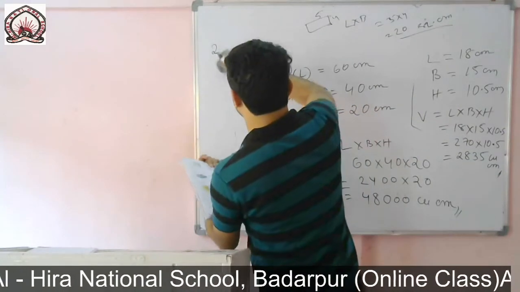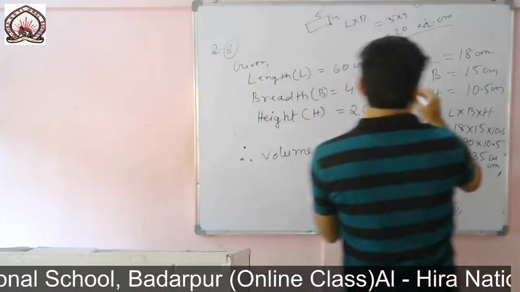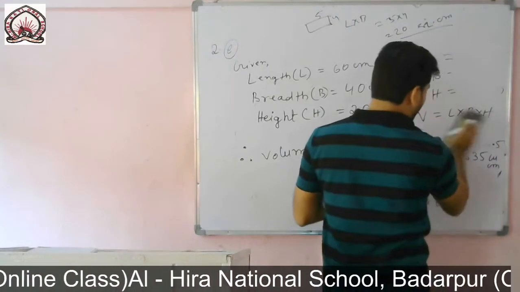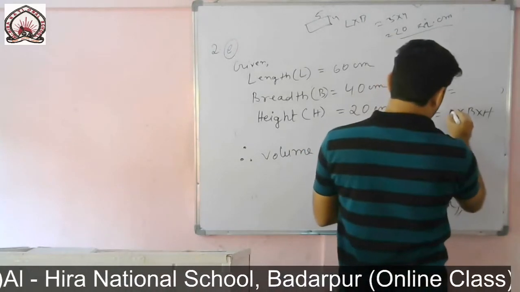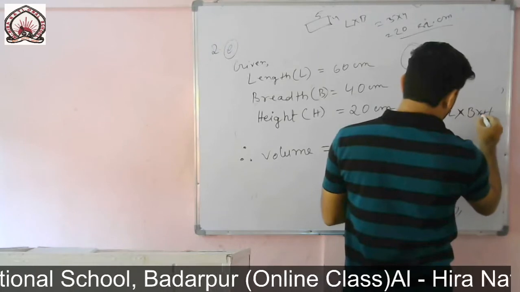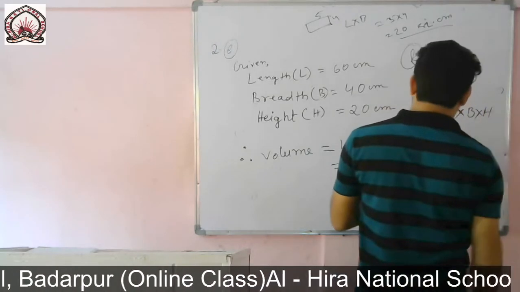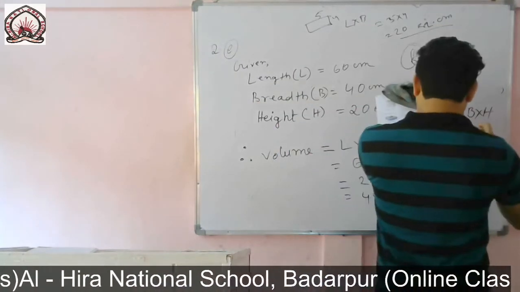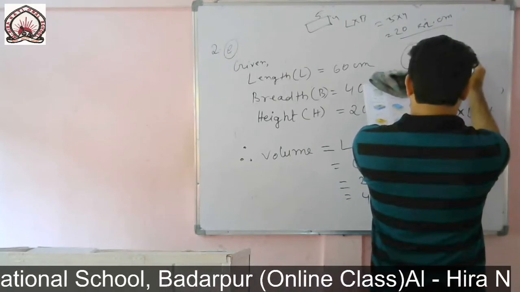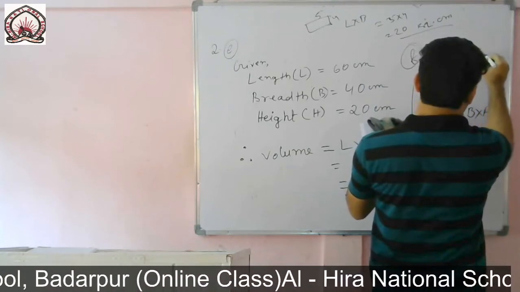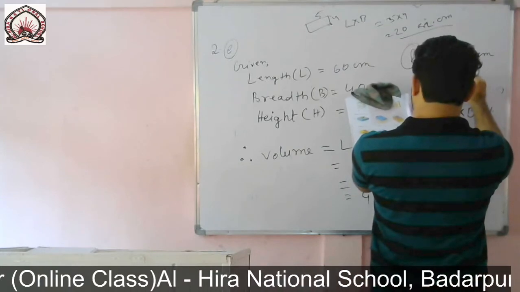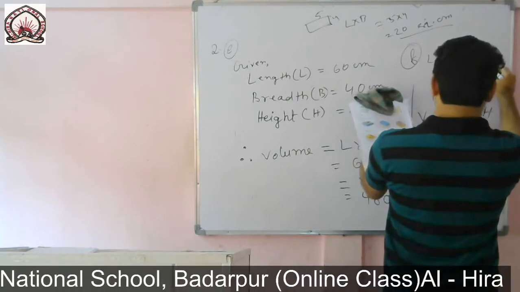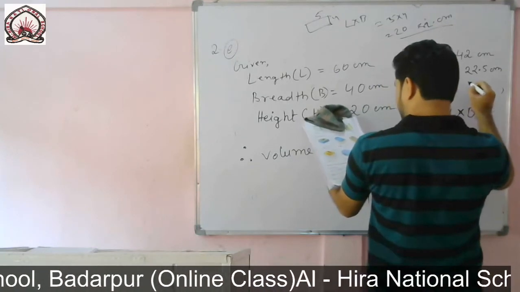Now come to F. Here in place of length I have written L. So F, you see, length is given 42 centimeter, breadth is given 22.5 centimeter, and height is given 12 centimeter.